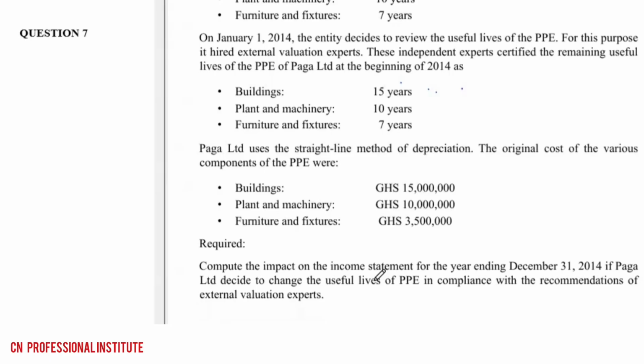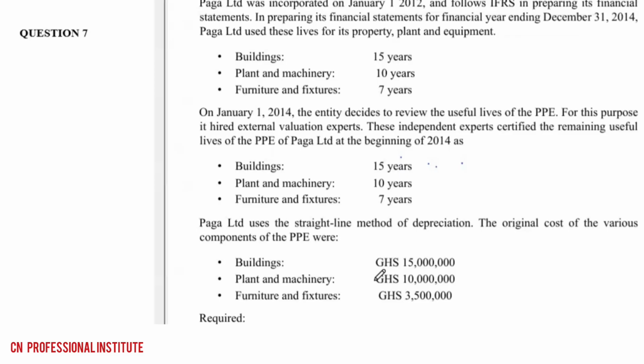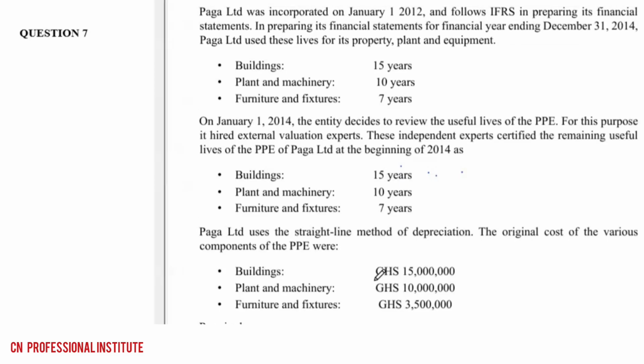Okay, now let's go back here. If you check, we have two useful lives. We have up here and then down here. Right now, if you check, you realize that they are the same. Building 15 years here, 15, plant and machinery 10, 10, furniture and fittings 7, 7. This is coincidence, right?